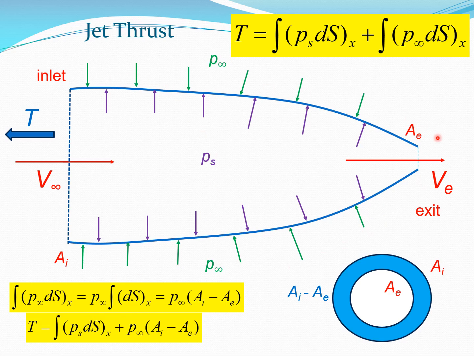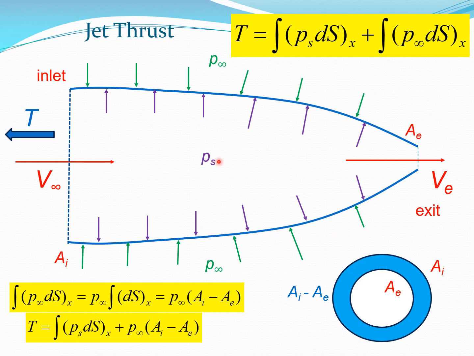We again take them on the wall and then we sum them in the x direction. So essentially thrust will comprise two parts. One is because of PS and one is because of P infinity. Now in this case we are neglecting all the shear stresses here. We are assuming that the normal pressure is much more than the shear stress here.